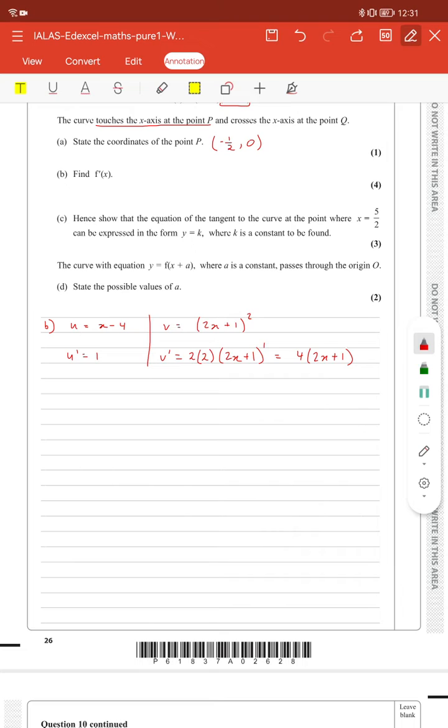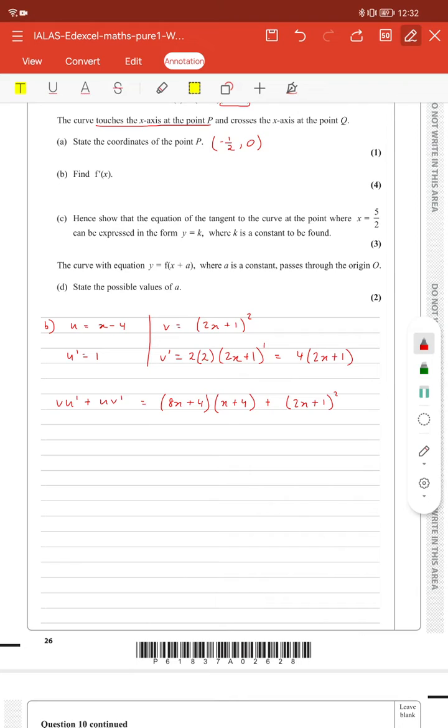And here we're going to do v u dash plus u v dash, which would give us v u dash, we're going to get 8x plus 4 times x plus 4, that's uv dash, sorry I've written it the wrong way around, plus 2x plus 1 squared.